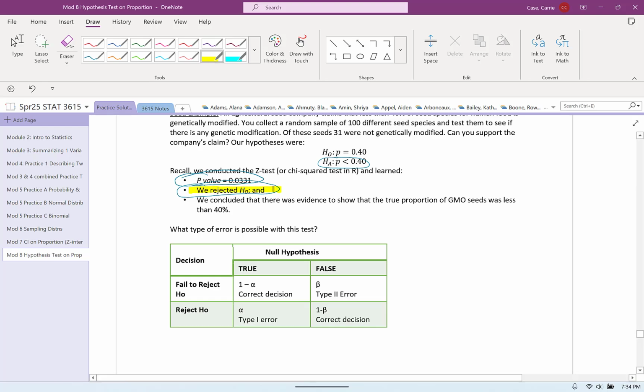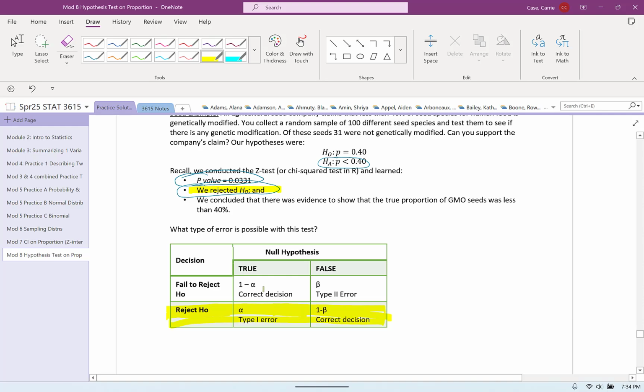If we reject the null hypothesis, then we are in this section of the error table. So in the error table, we either made the decision to fail to reject the null. If that happens and the null is true, we've made a correct decision. The chance of that happening is 1 minus alpha.